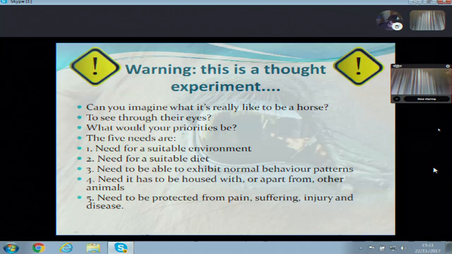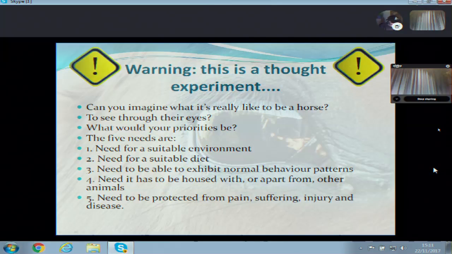But first things first, can you really imagine what it's like to be a horse, to see through their eyes, to live in a field with a herd of other horses, experiencing the weather and living in the moment? What would your priorities be? A good starting point is to consider the 5 needs that animals are entitled to expect from their human guardians under the UK's Government Animal Welfare Act 2006.